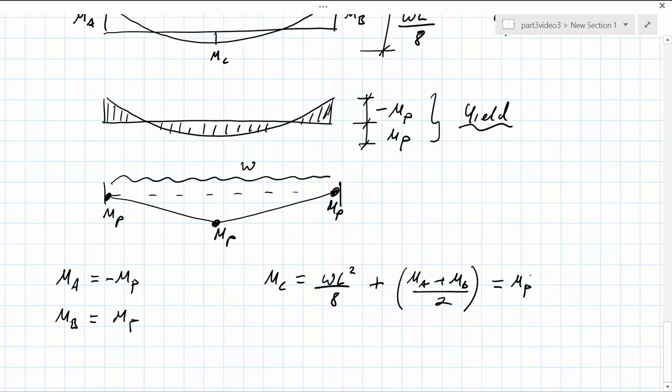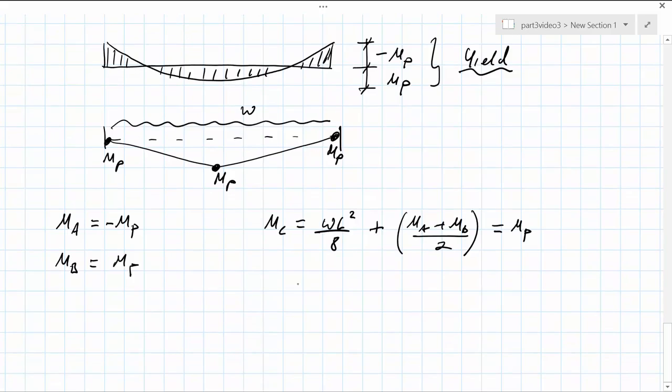Upon substituting the values for MA and MB into this expression, we get WL squared over 8 equal to 2 times MP. So the collapse load, WC, is equal to 16 times MP over L squared.